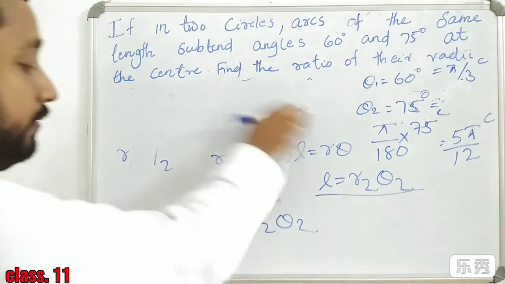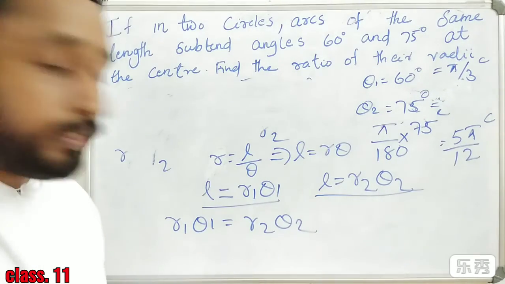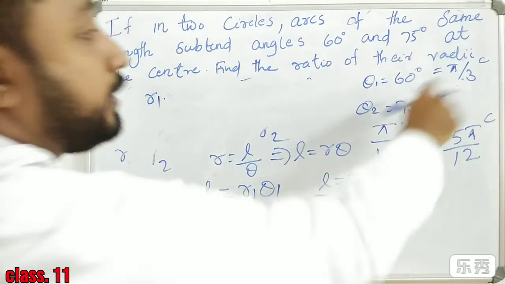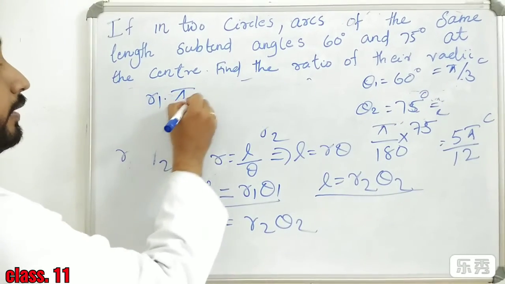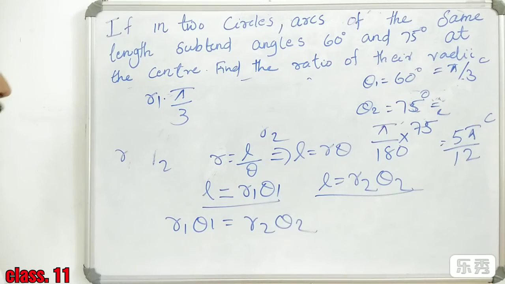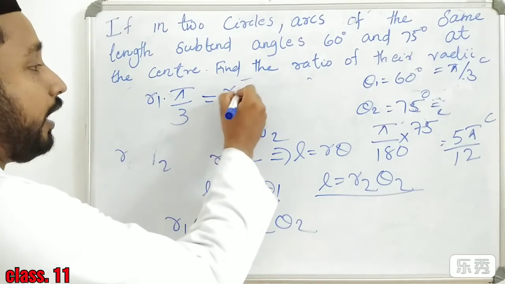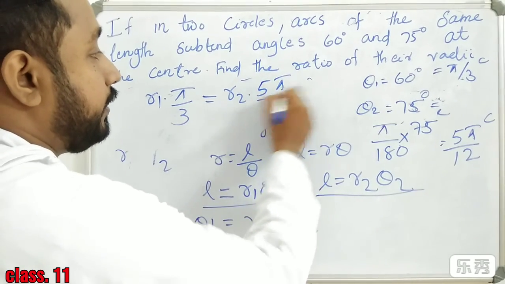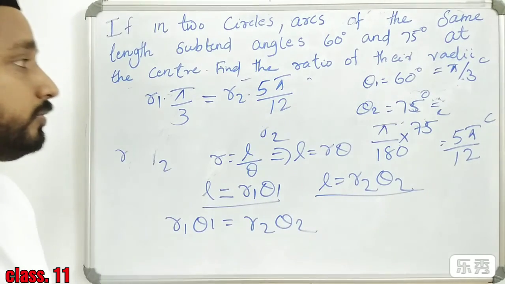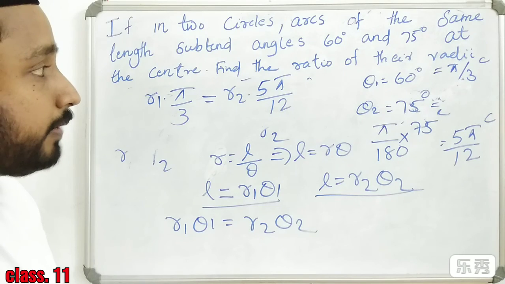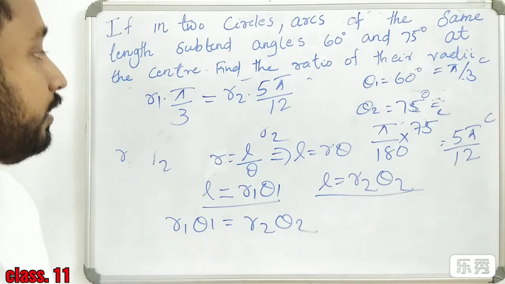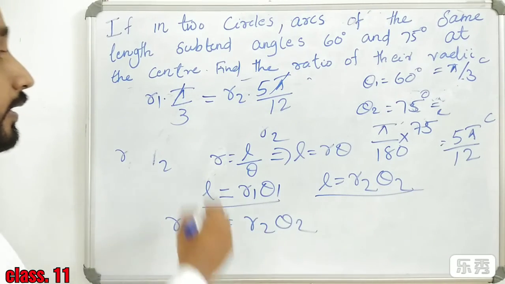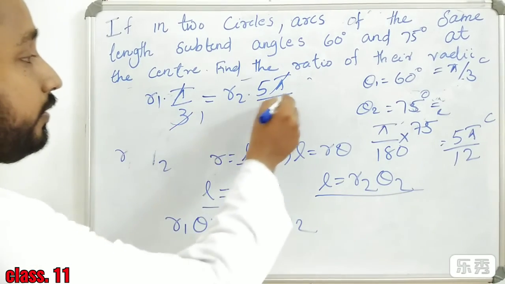So R1 theta 1 is equal to R2 theta 2. Theta 1 is pi by 3, so R1 into pi by 3 is equal to R2 into theta 2, where theta 2 is 5 pi by 12. We can cut pi and pi, and 3 and 12 give 1 and 4.